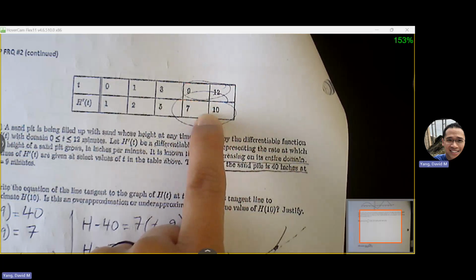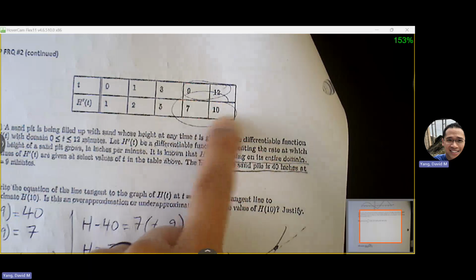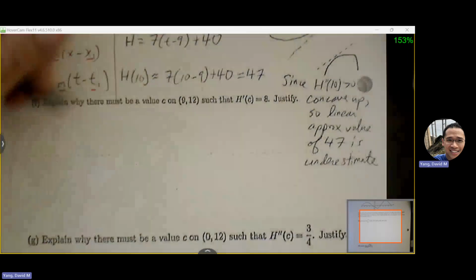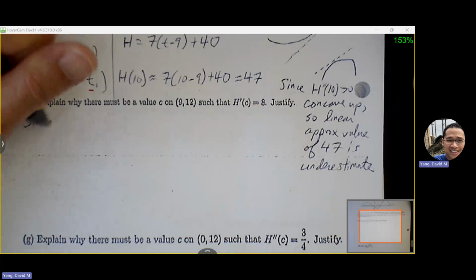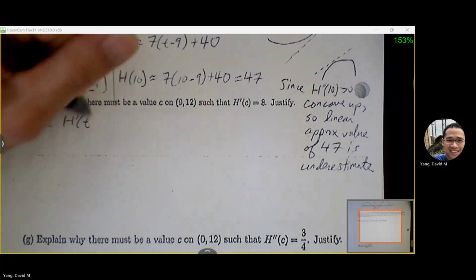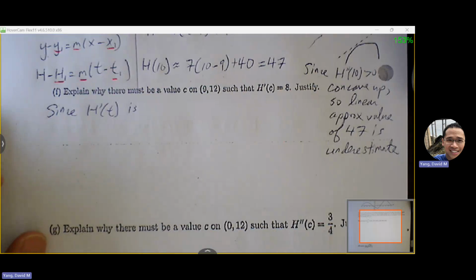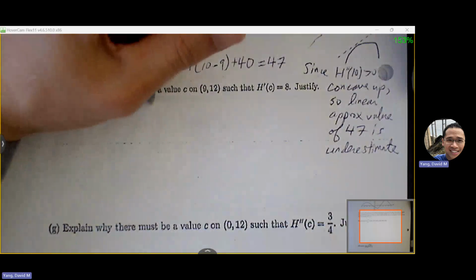So intermediate value theorem is a little bit easier because we can kind of just visualize it. It's like, oh okay, I see a point below, I see a point above, it's connected, I've got to hit every point in between. So we can say since H prime is continuous, that's the only condition that's needed for intermediate value theorem.